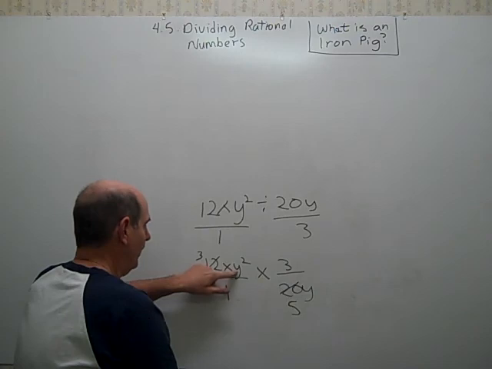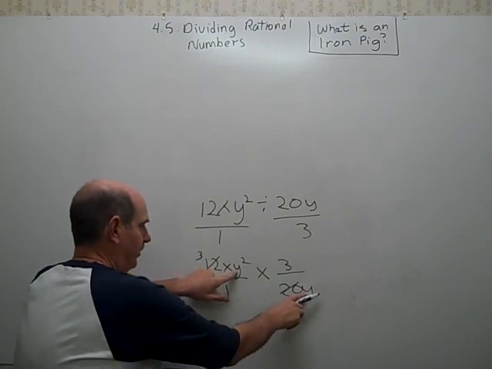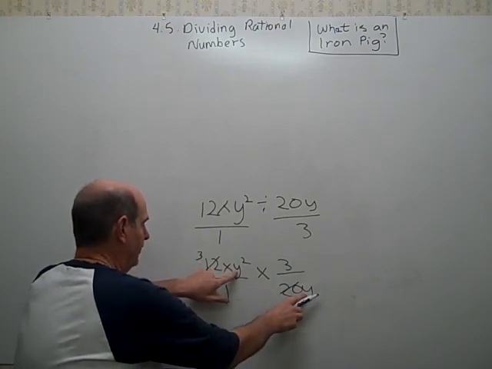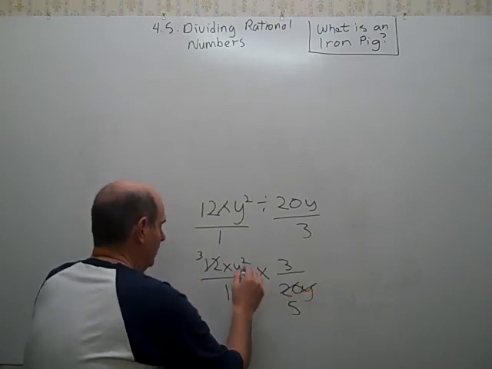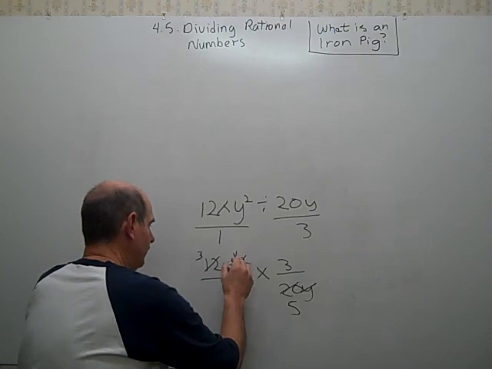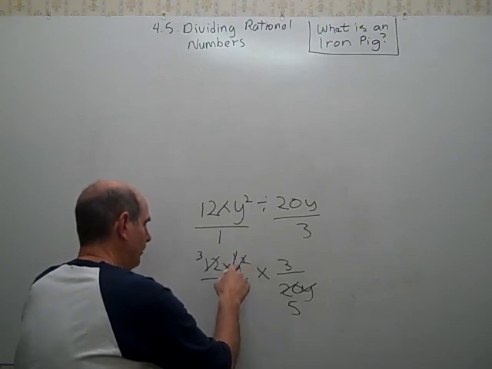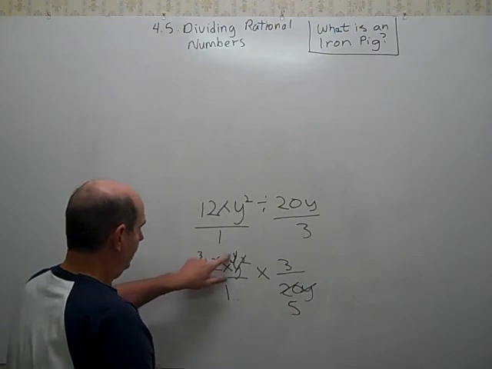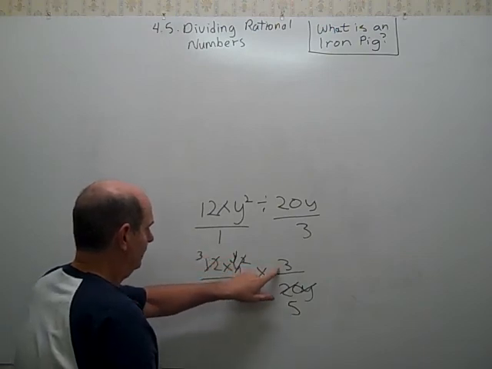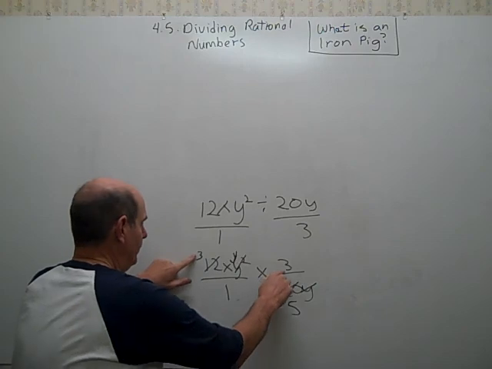So let's look at the y's. There's y squared here, and a y to the 1st power here. I can take away one of the y's here and one here, leaving not y multiplied twice, but y multiplied once. So I'm left with 3xy times 3, which should be 3 times 3, 9.